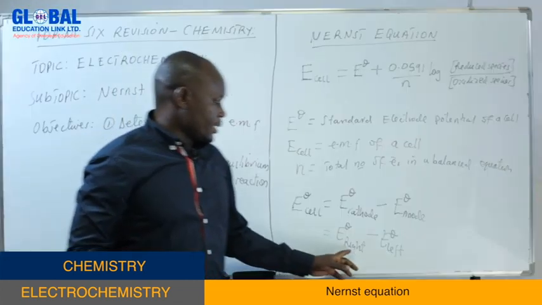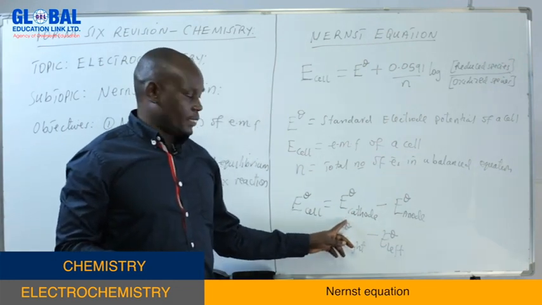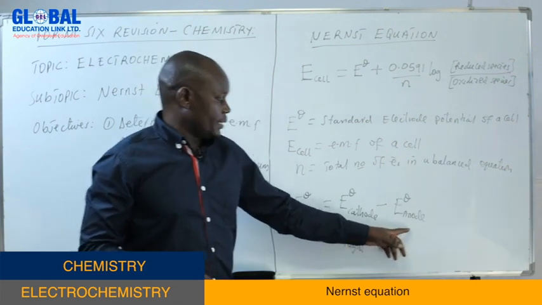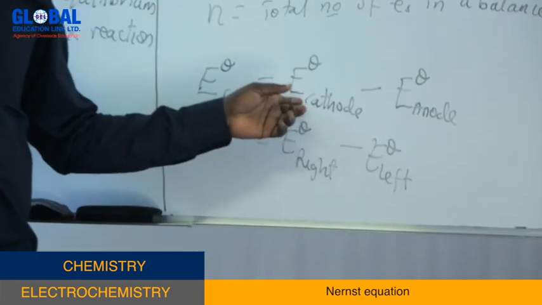On the right side is where the cathode is placed, and on the left side is where the anode is placed. At the anode oxidation takes place, and at the cathode reduction takes place.